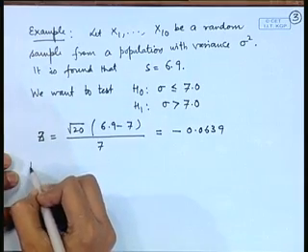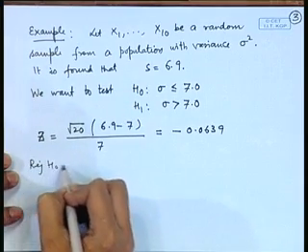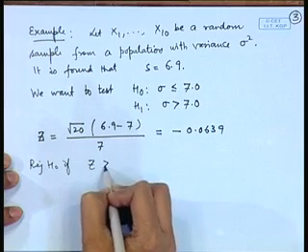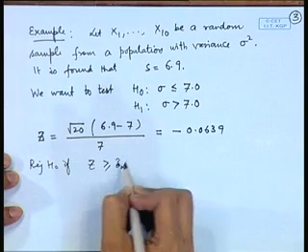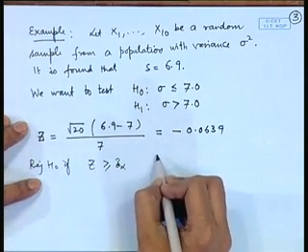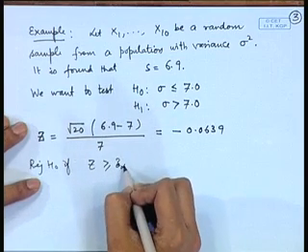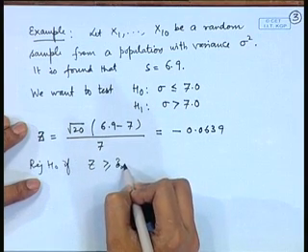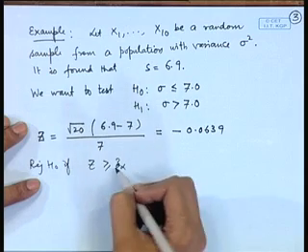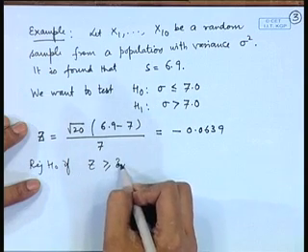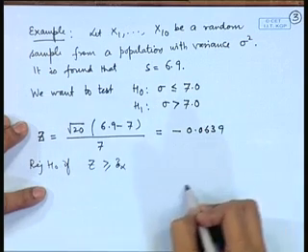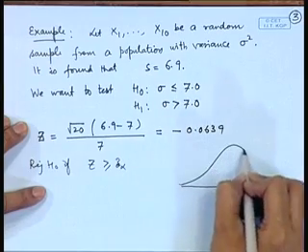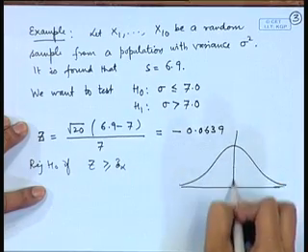Now, we have to reject H naught if z is greater than or equal to z alpha. For any level of alpha up to say 0.5, the value of z alpha will always be non-negative, because z is a symmetric distribution about 0.